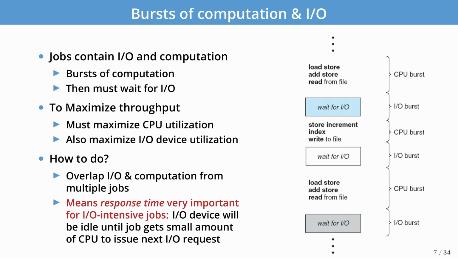What we'd like to do is maximize the throughput of the entire system, keep all of the CPUs busy and all the I/O devices busy. And we do this by overlapping I/O and computation across multiple jobs or multiple threads. One thread will be doing computation using the CPU, while another thread might be busy doing I/O.